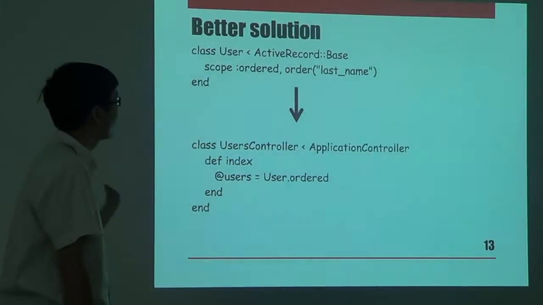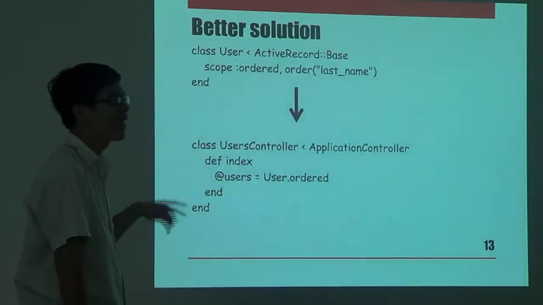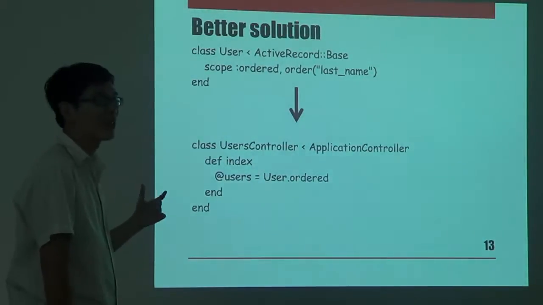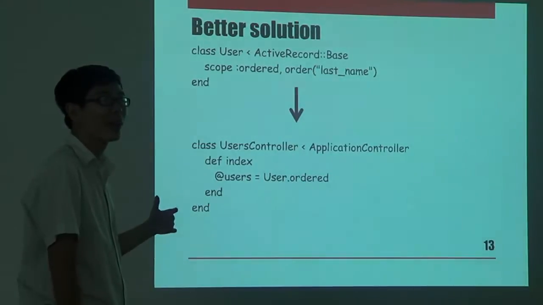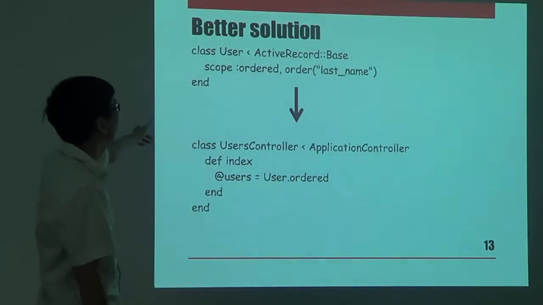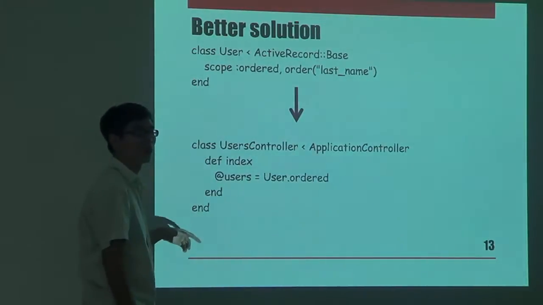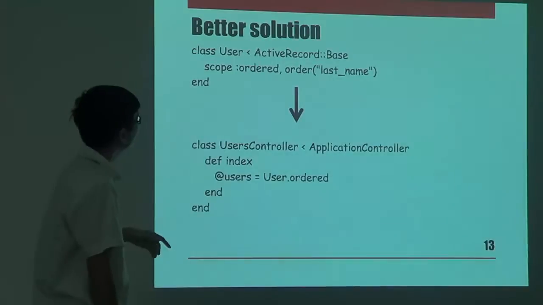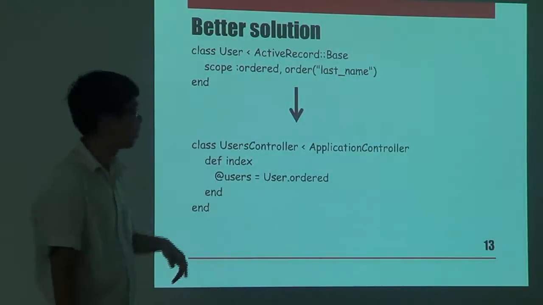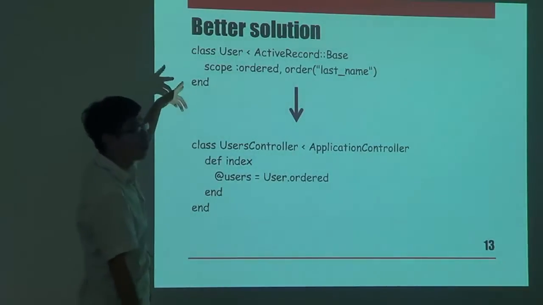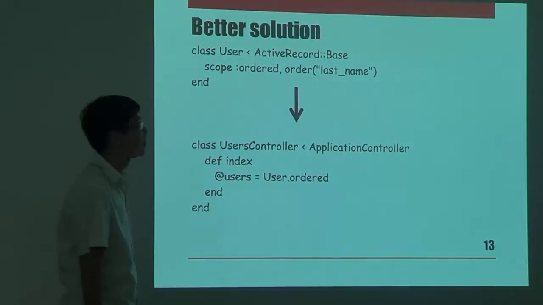For example, when you want to order users by something else, like their first name or their birthday, you just change it here. You don't have to go to the controller and change every controller. So in Ruby on Rails they call this named scope.